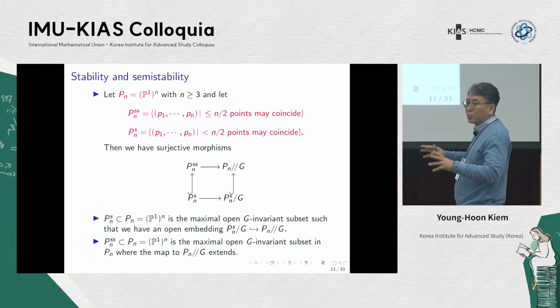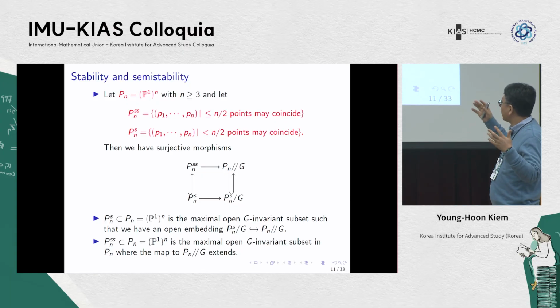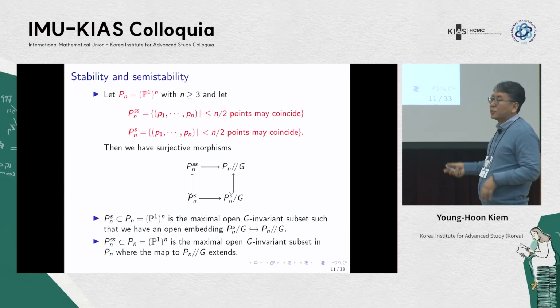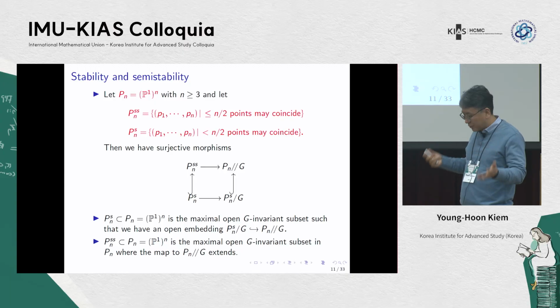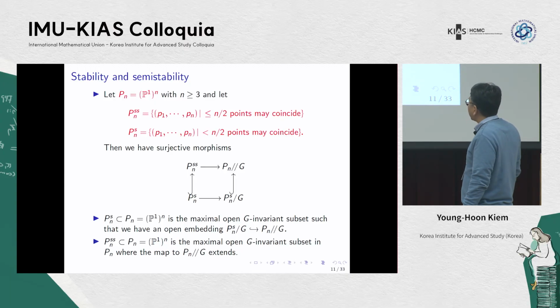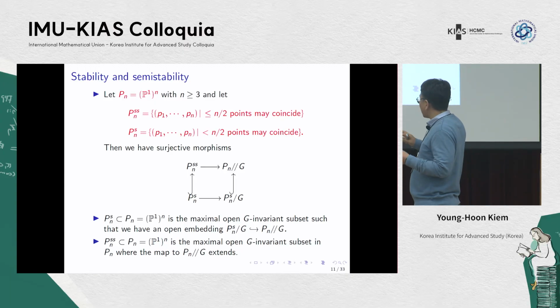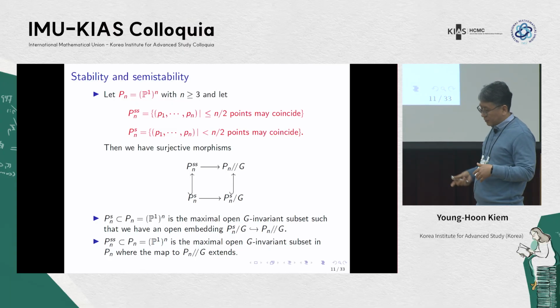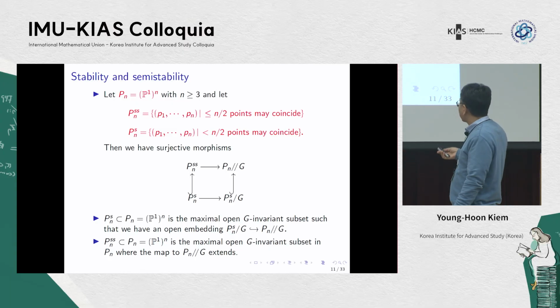And this is the maximal open subset you can find inside Pn where this is embedded into the natural projective variety coming from classical invariant theory. And the semi-stable part is the maximal open G-invariant subset where the map extends to the projective variety we have constructed.